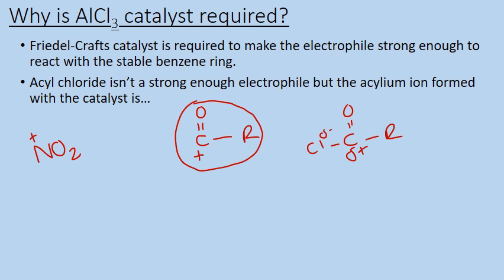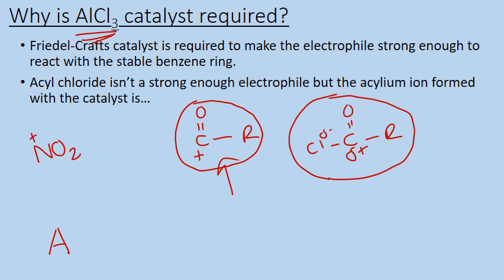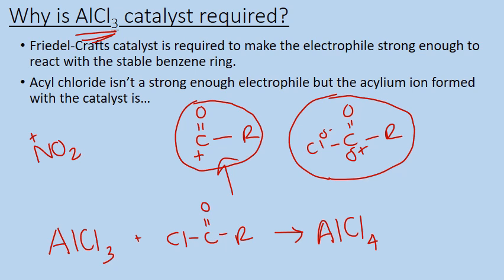And what happens is Friedel-Crafts catalyst allows us to make this electrophile that we need from our acyl chloride. So this is what happens. If we add AlCl3 to an acyl chloride, so if we add those two together, what happens is the Friedel-Crafts AlCl3 will literally take the chloride.